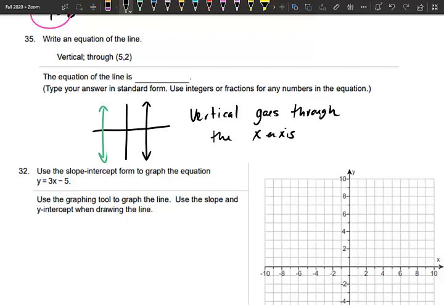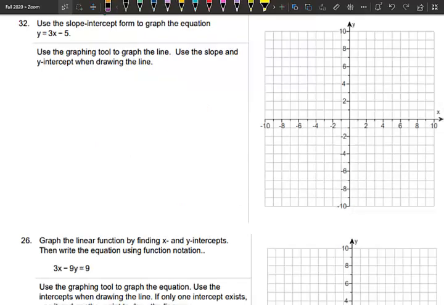Because I know it goes through the x-axis, I know it's going to be x equals. And whatever point you have, if it's x equals, you choose the x. If it's y equals, you choose the y. Since it's x equals, x equals 5.